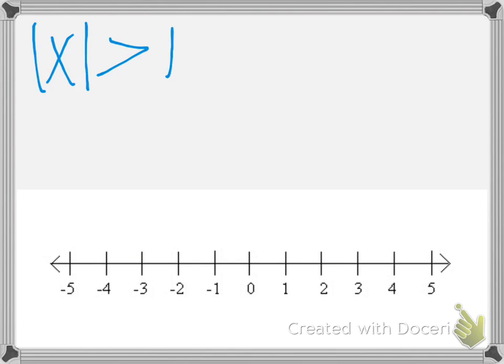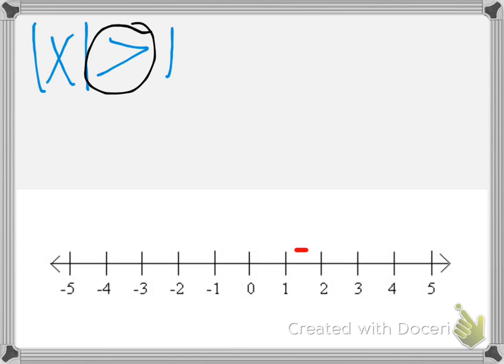Okay, so let's go ahead and see what a disjunction for an absolute value inequality is going to look like. All right, so if you jotted this down, you have noticed that this says that the absolute value of x is greater than 1, which means that we're looking for all of the numbers on the number line whose distance from 0 is bigger than 1.